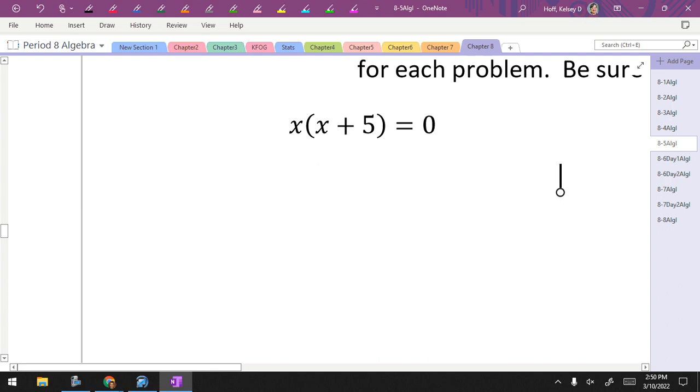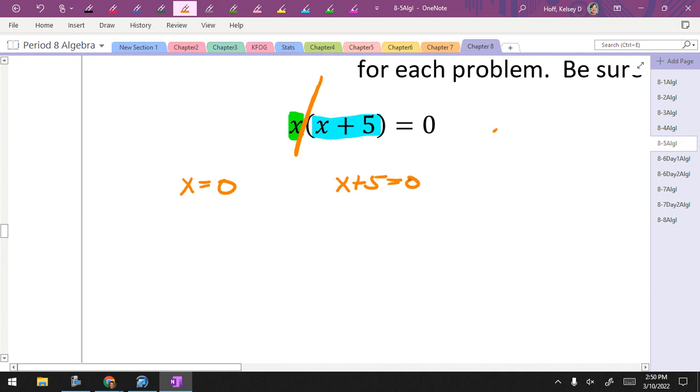There's parentheses indicating multiplication. Factor 1, factor 2. So as long as it's equal to 0, which it is, we split it at the factors, and we set each one equal to 0. So we would say x equals 0, x plus 5 equals 0.